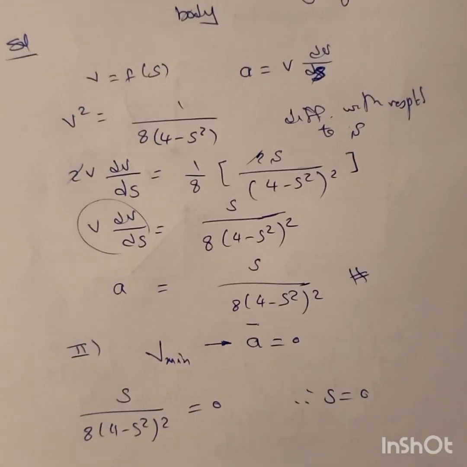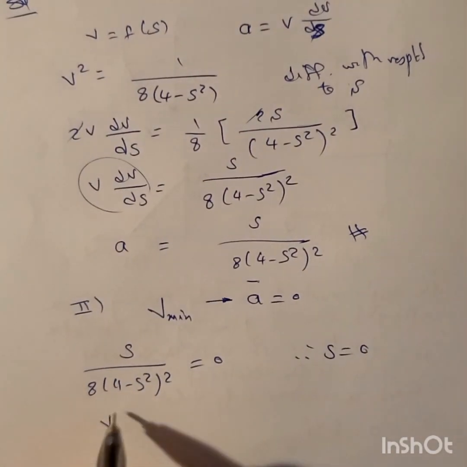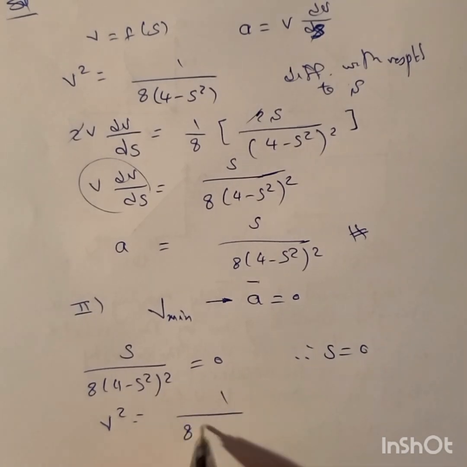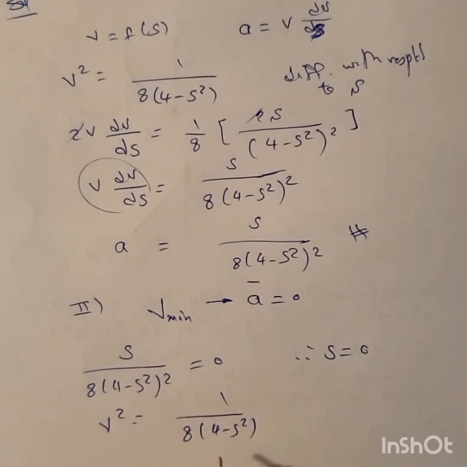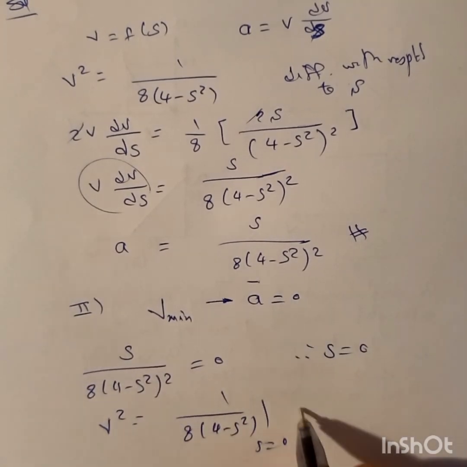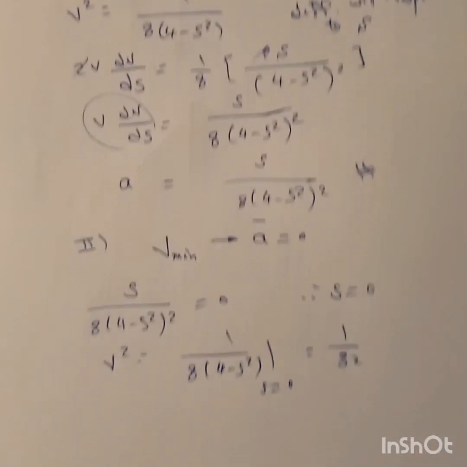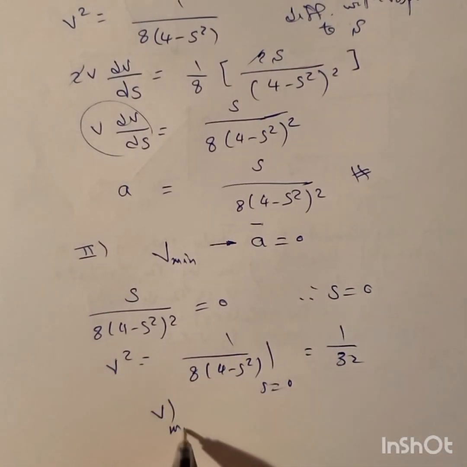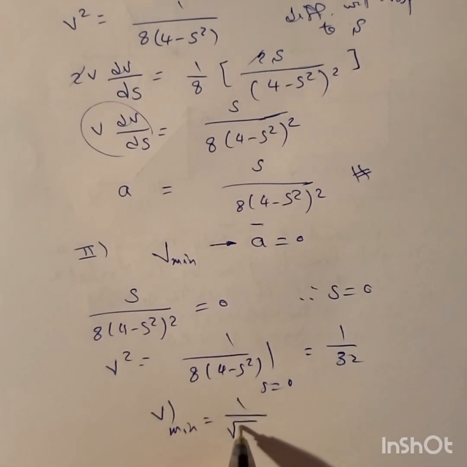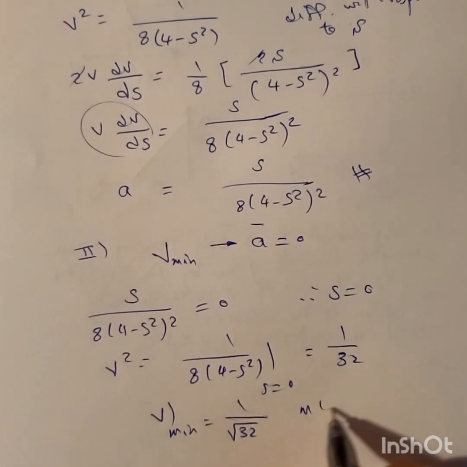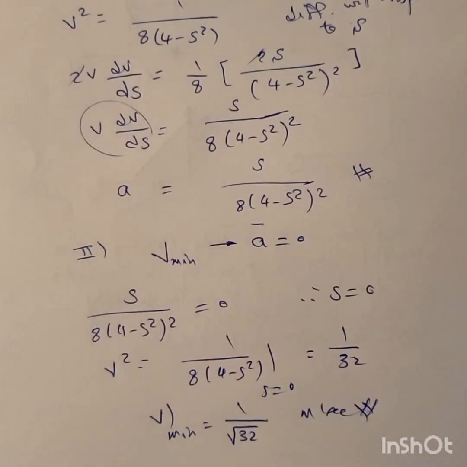Then we can substitute in the velocity equation. We have v squared equals 1 over 8 (4 minus s squared). At s equals 0, then we have here 1 over 32. Then v minimum equals 1 over root of 32 meter per second, and this is required to find.